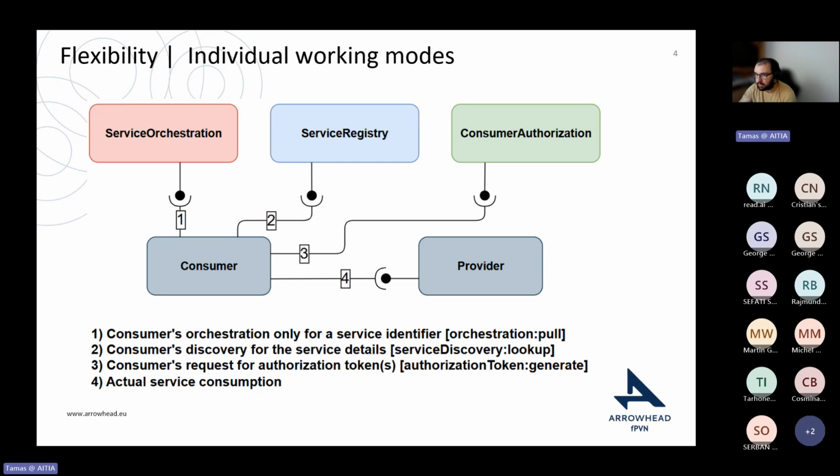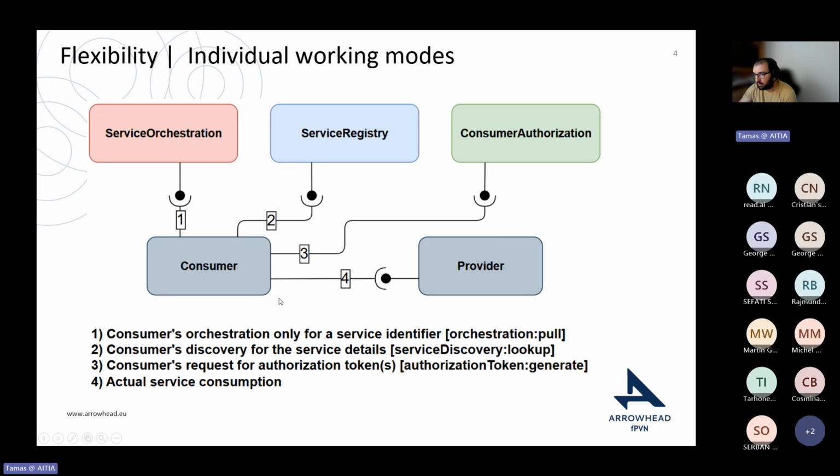If the provider requires, for example, token level authorization, then your consumer should also deal with the consumer authorization core system and consume the authorization token generate operation.